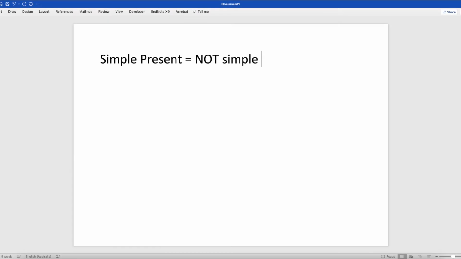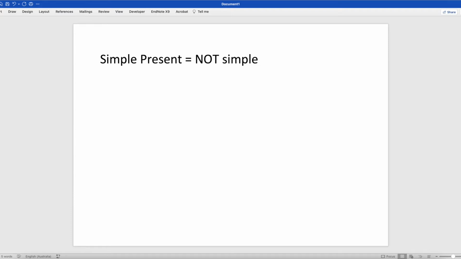The simple present, as you know, is the verb tense that's often taught first in language course books. So we often start in Unit 1 in, say, an elementary or pre-intermediate level English course book.